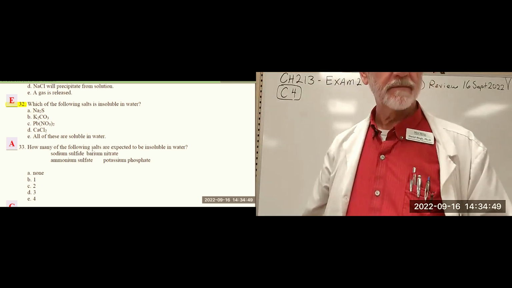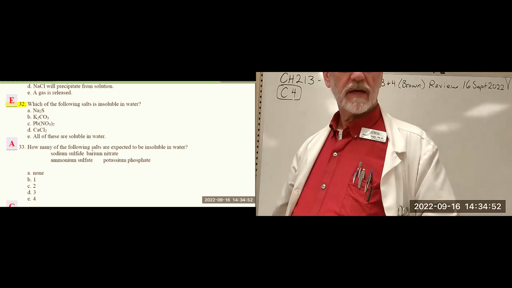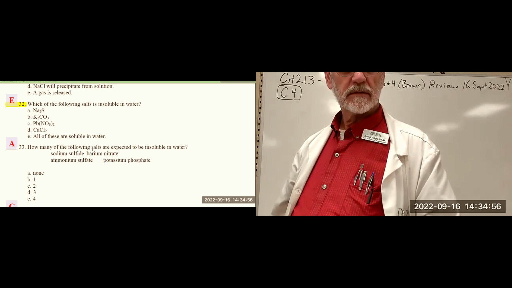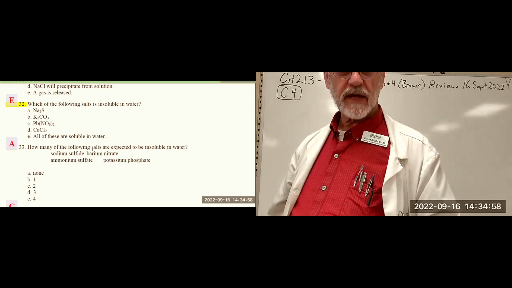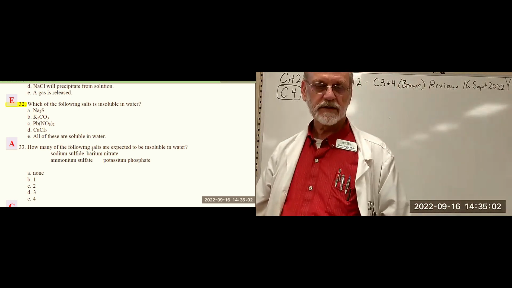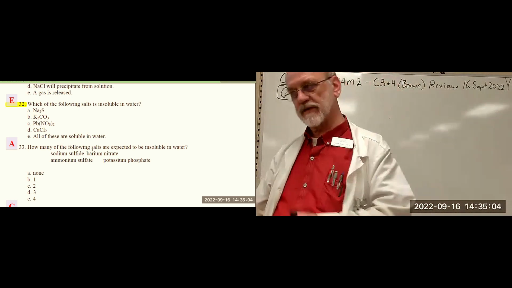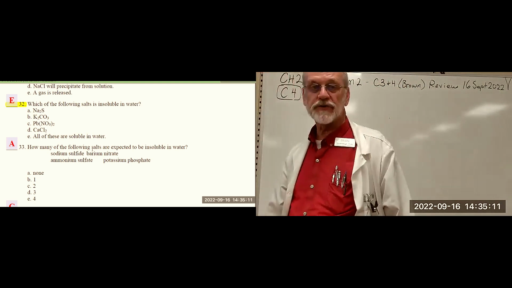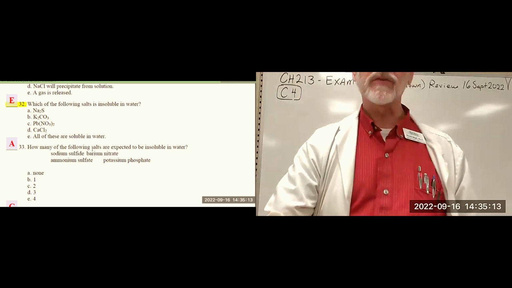Potassium carbonate is soluble. Lead nitrate is soluble. Calcium chloride, they're all soluble, right? Because I'm thinking of the rules rather than using this thing. But you can use this and get the same answer. They're all soluble. That's why E is the answer.